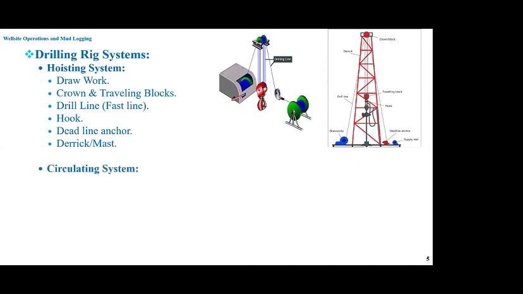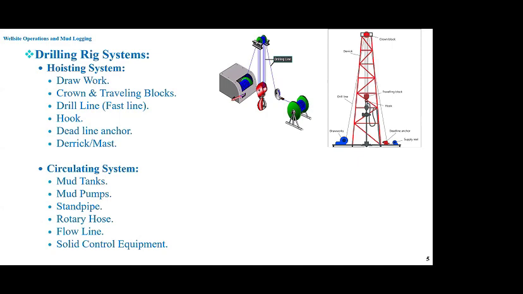The second system is the circulating system. It is very important for cleaning mud, as it serves as mechanical treatment for the mud to get the good conditions of the mud and the required properties of drill mud.